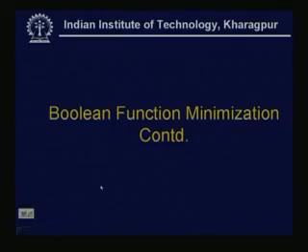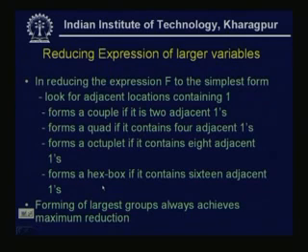Today we read some more things on Boolean function minimization. If I quickly summarize the portion that we have already read in reducing the expression using K-map, if we draw one K-map for a given expression, then first we see the adjacency of ones present in the K-map.